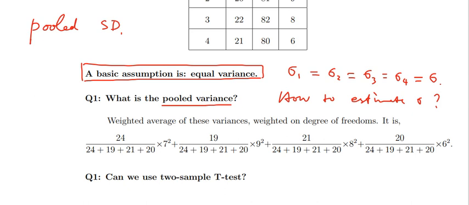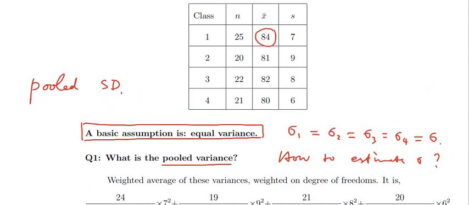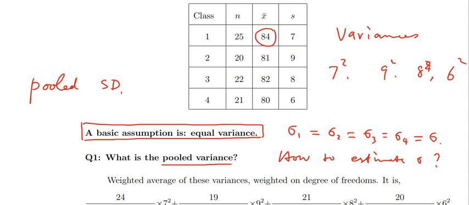Here we have standard deviations 7, 9, 8, 6. Then the variances are 7 squared, 9 squared, 8 squared, and 6 squared.